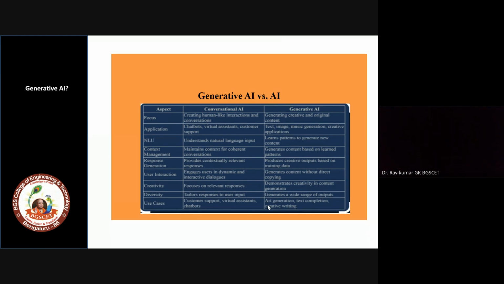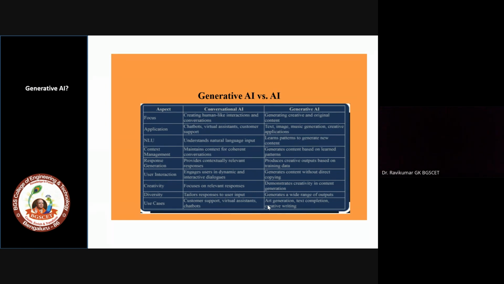User interaction: the user engages in dynamic and interactive dialogues with conventional AI, but generative AI generates the content without direct copying. It will take, train, and pre-process the data, train the model, compare the model, and produce output. It takes the history of the data and predicts. It takes sentiment analysis into consideration.